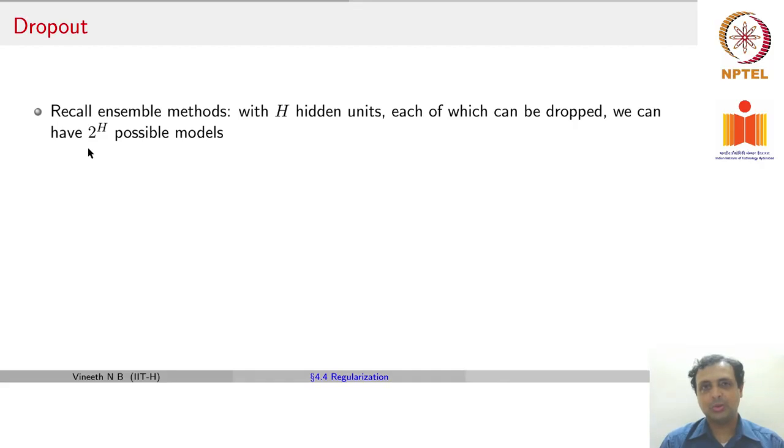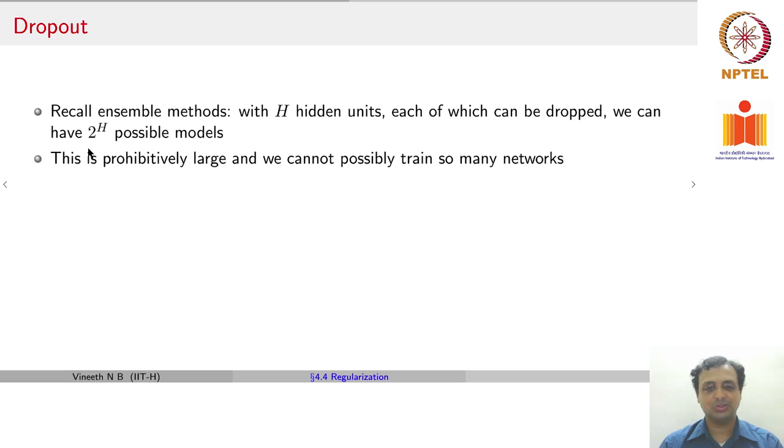So we want to see how to do it with a neural network. And if a neural network has h hidden units, each of which can be dropped, you can now have 2 power h possible models. That's the total number of possible models that you can have with a neural network to create an ensemble. So how do we go about creating such an ensemble?